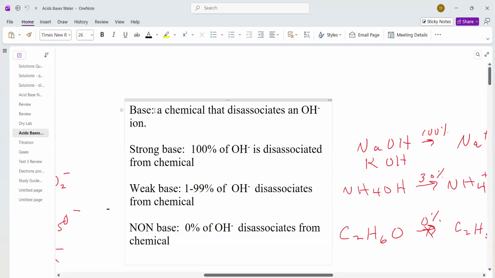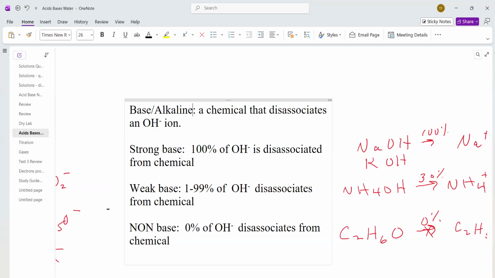Sometimes bases are referred to as alkaline. Alkaline is an old term. It's an alchemy-based term, and we use that a fair amount in foods, probably pharmaceuticals. They'll talk about an alkaline environment.